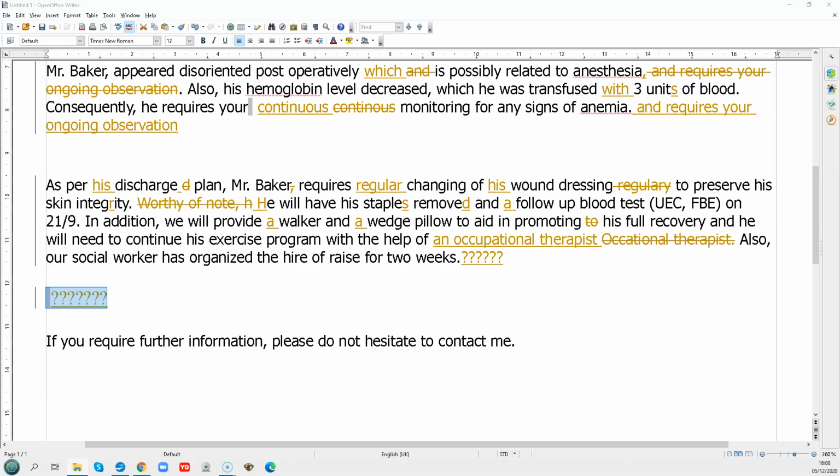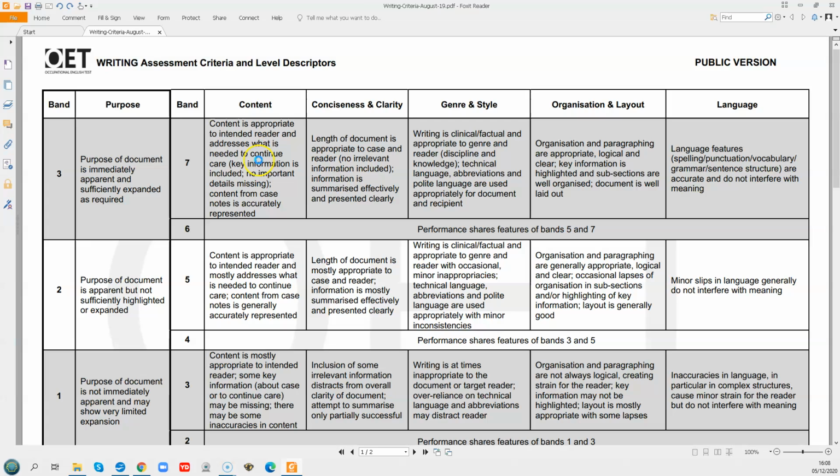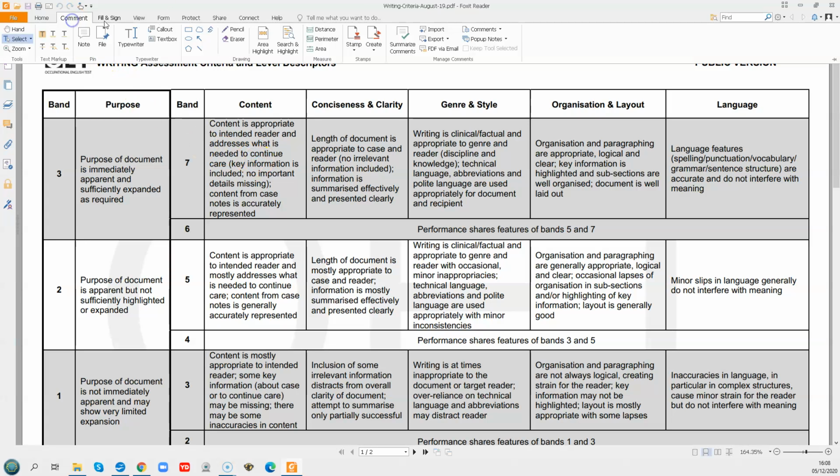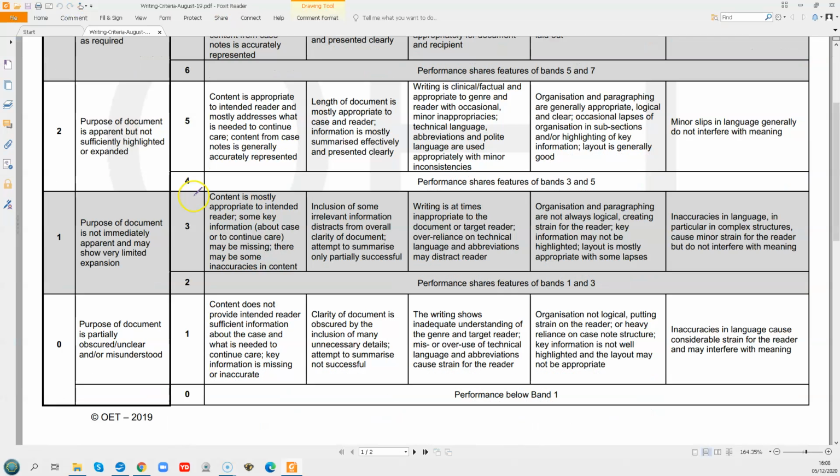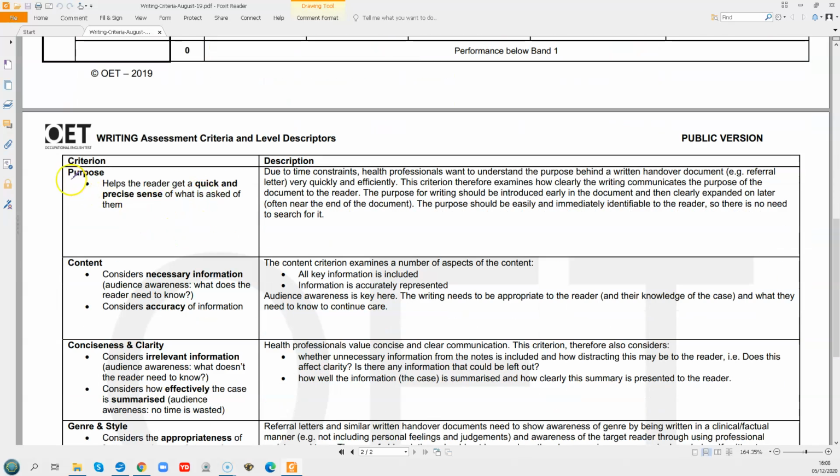If it's all open, if files open, criteria. Right. Purpose. Clearly expanded on later, often near the end of the document. So where is it? Should be at the bottom. So purpose. Make sure that you put it at the end as well.